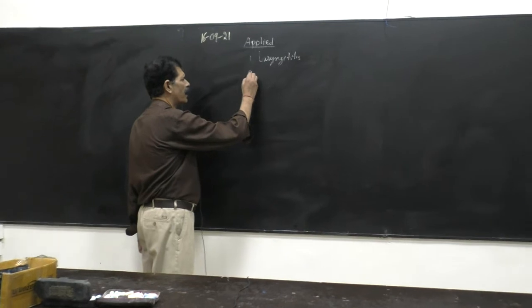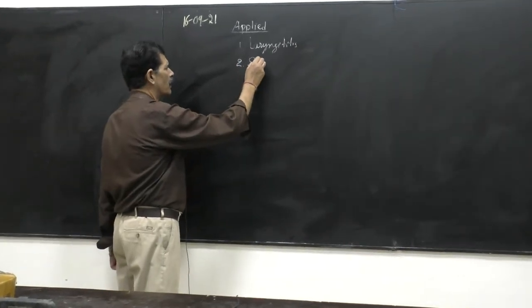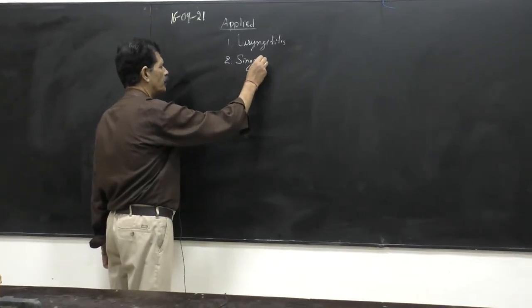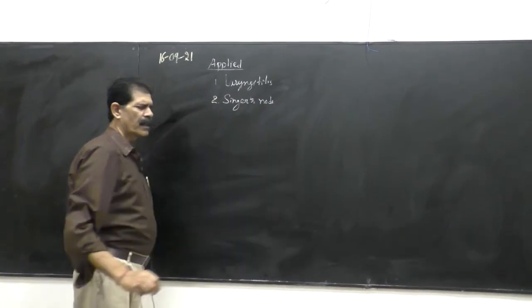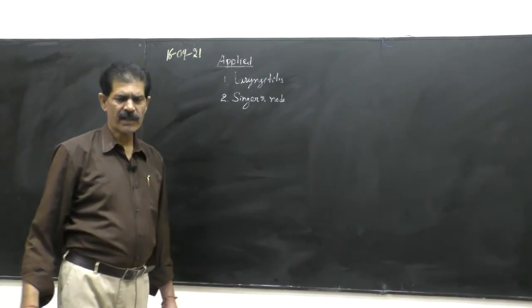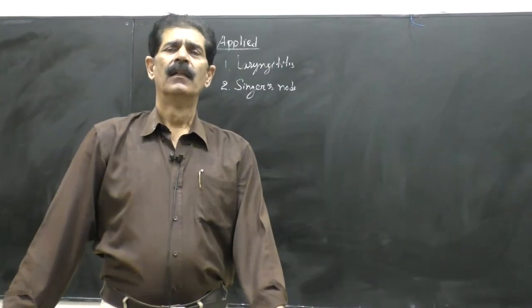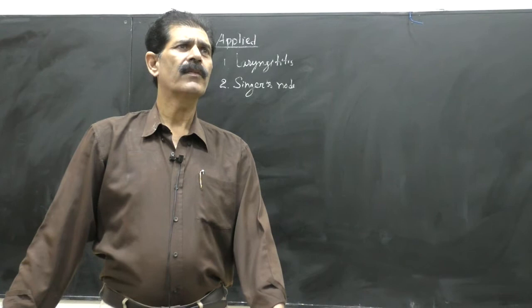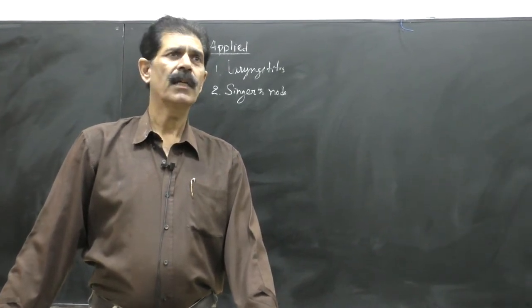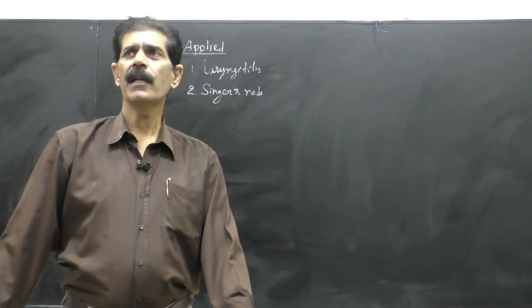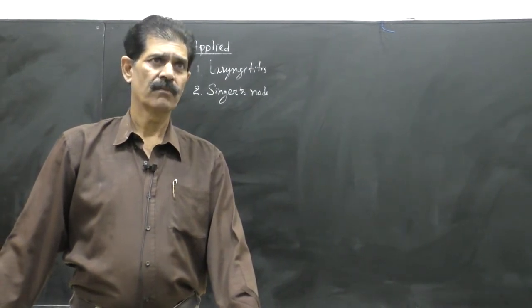Another related condition is the singer's node. Singer's nodes are present in professional singers. They have insurance on their vocal cords in millions, because their whole earning depends upon the two vocal cords.